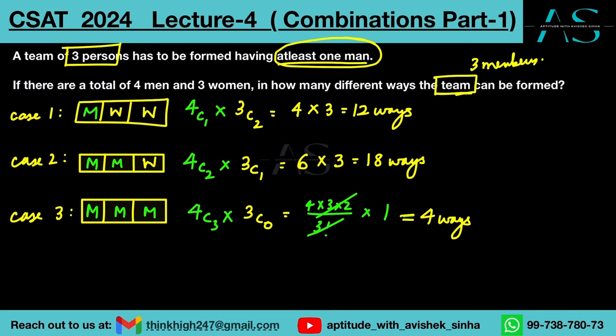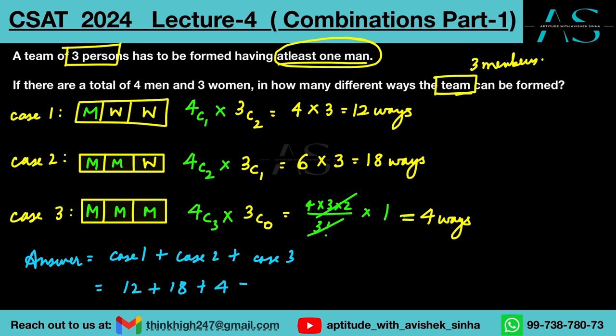Now, can we have any other case? Just look at it and tell me, can we have any other case? I don't think so. So the ultimate answer is always the summation of all 3 cases. So case 1 plus case 2 plus case 3. So we have 12 plus 18 plus 4, which is 34 ways.